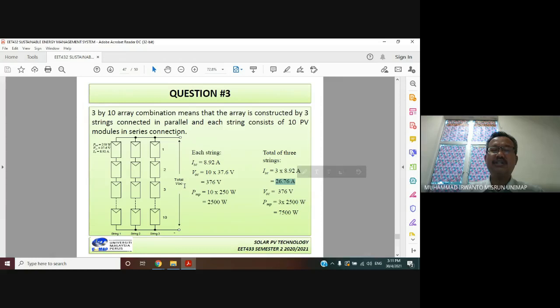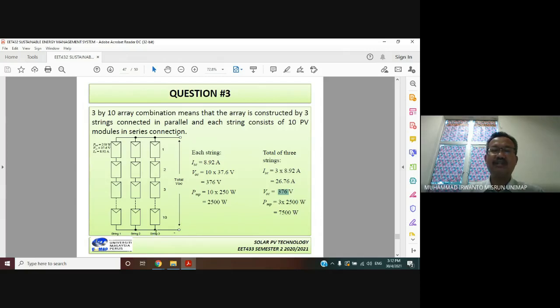And the total open circuit voltage for the one array, or the 3 strings, remains the same as the voltage across one string, 376 volt.